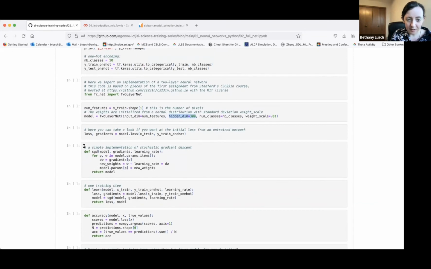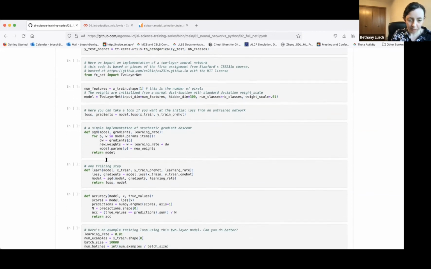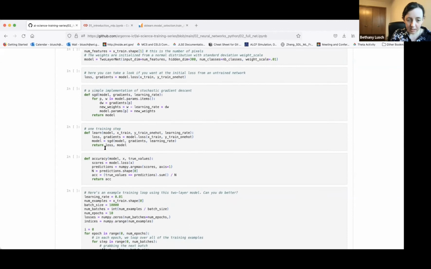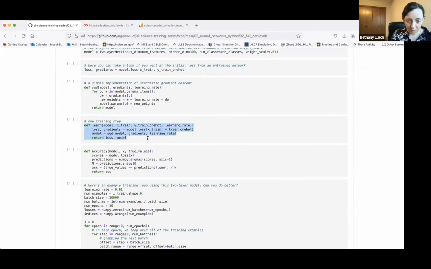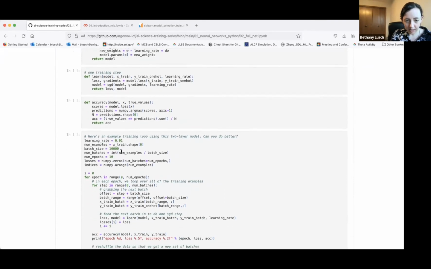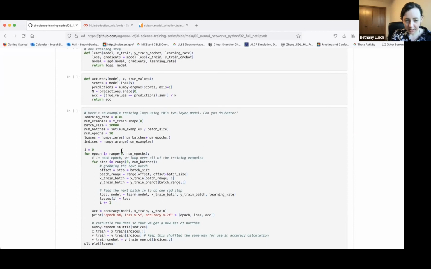And here I have just a very simple implementation of stochastic gradient descent. There's more weights and biases to update with the gradient descent, so there's a loop here. This would be one step of stochastic gradient descent. Here's our accuracy metric again. And here's an example training loop.